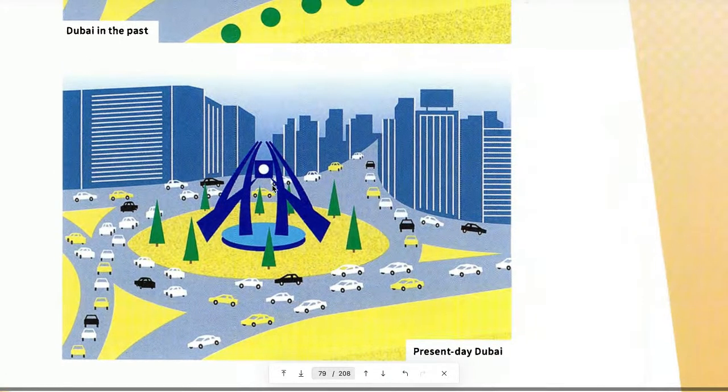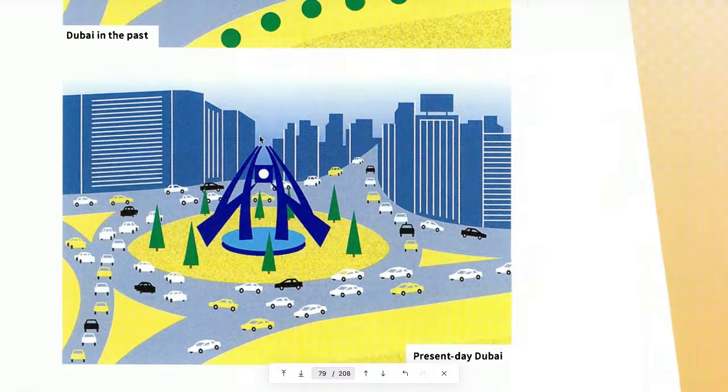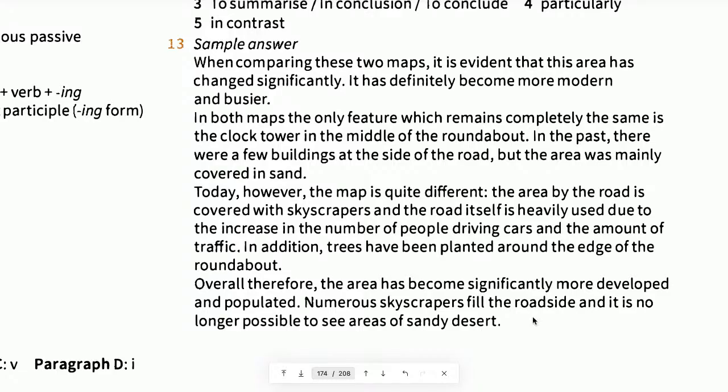We don't use that for cars, okay? Because for cars, the way they describe that, they just say, well, the road is covered with skyscrapers, and the roads are heavily used due to the increased number of people driving cars and the amount of traffic. Okay, we just describe the present, what we see at the present.